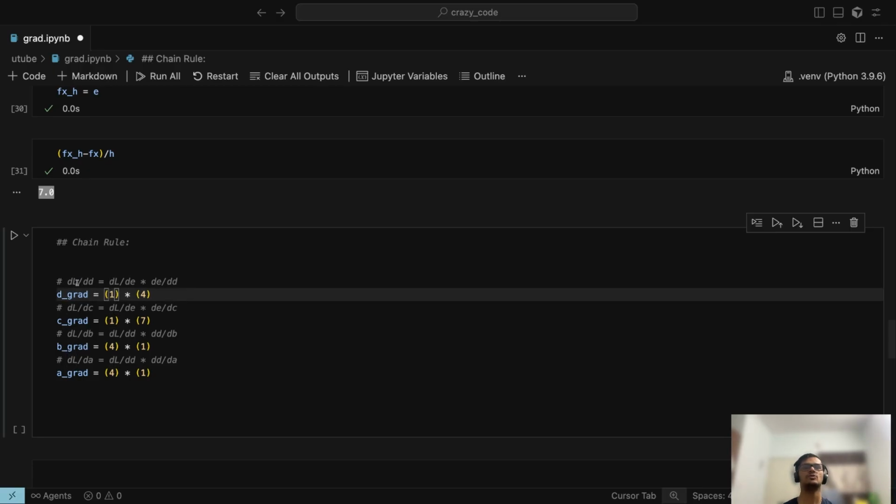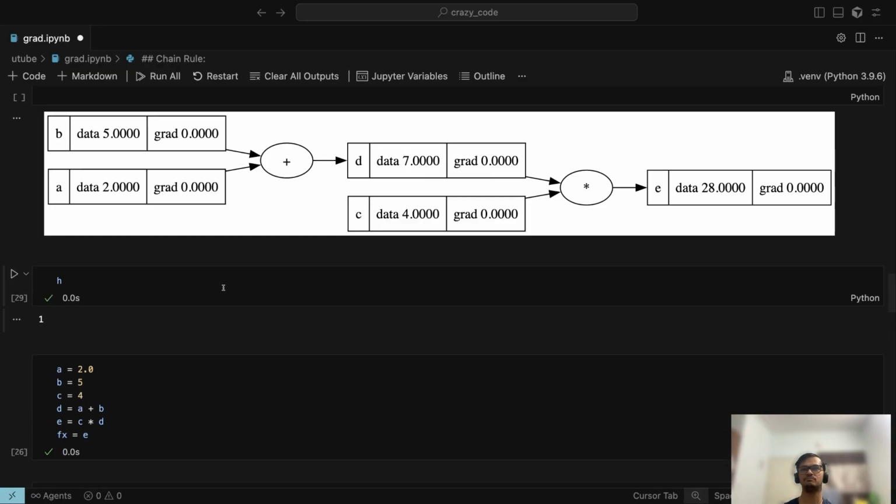So dL by dd means we want to find the derivative of e with respect to d. Here d grad is equal to dL by de into de by dd.